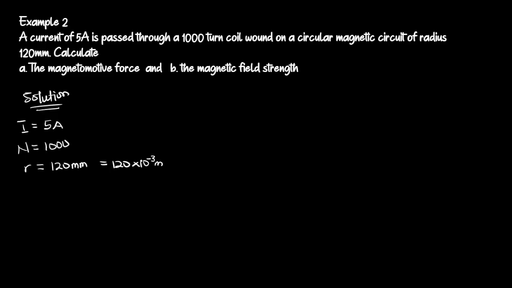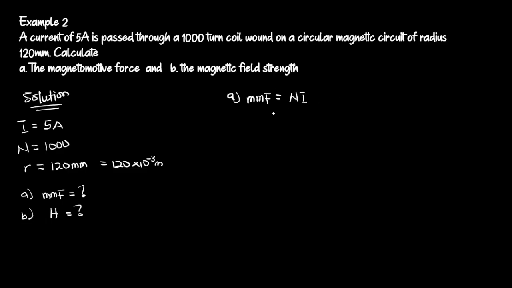Very good. So I am to calculate A, the magnetomotive force, or MMF, which is the first thing I'm supposed to calculate, and then B, the magnetic field strength, which is H. All right, so let's look at option A. The magnetomotive force is equal to Ni.